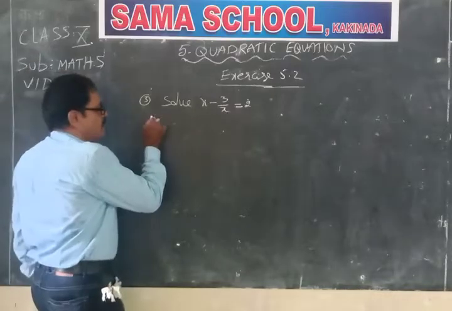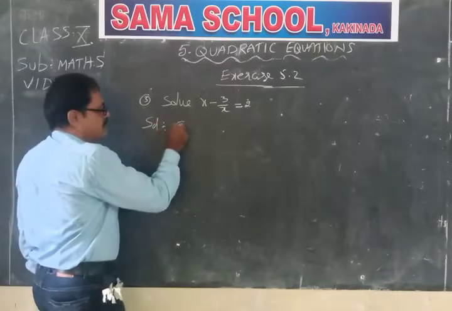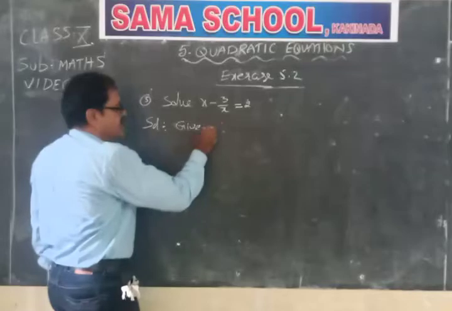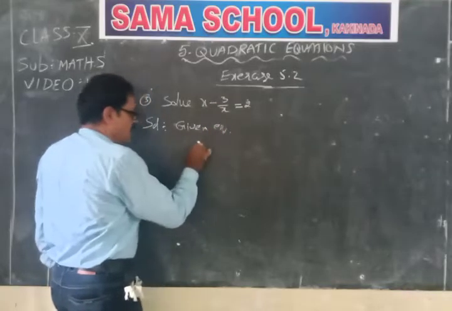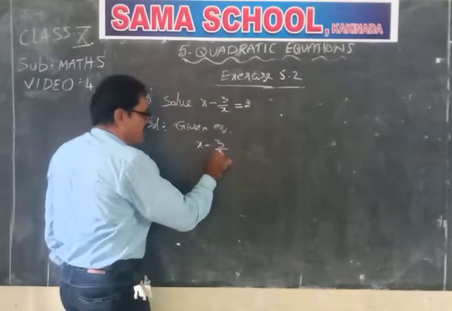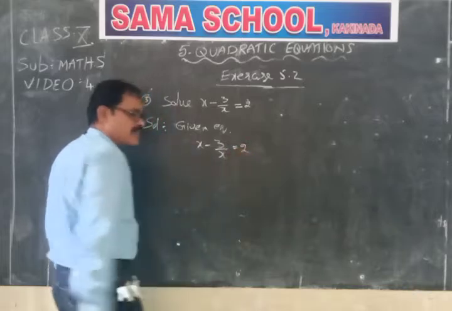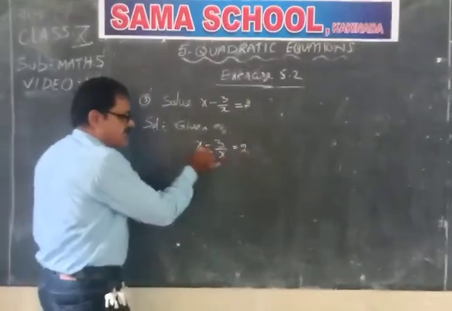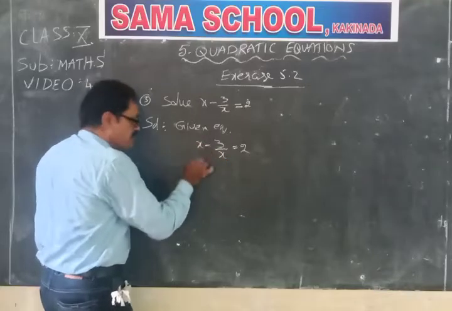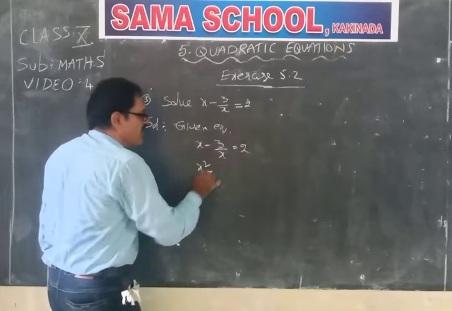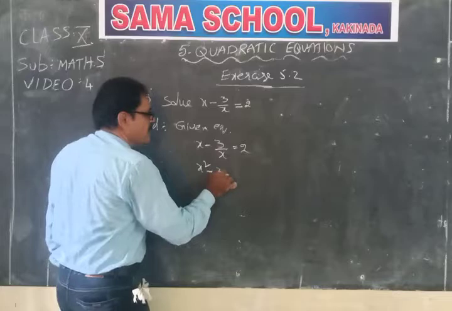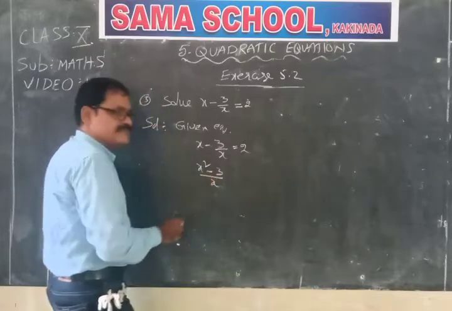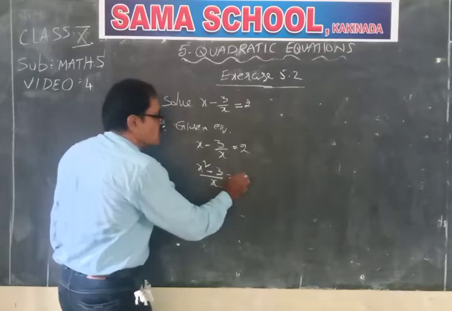See that. Given equation: x minus 3 by x is equal to 2. Take the LCM; here x is the LCM. So x square minus 3 by x is equal to 2.